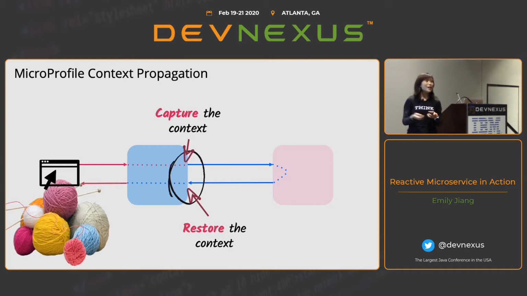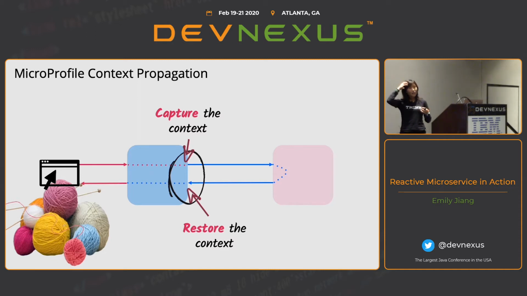So this context propagation directly fixes the asynchronous lost context problem. It creates a way to capture the context and then restore the context onto the new thread.